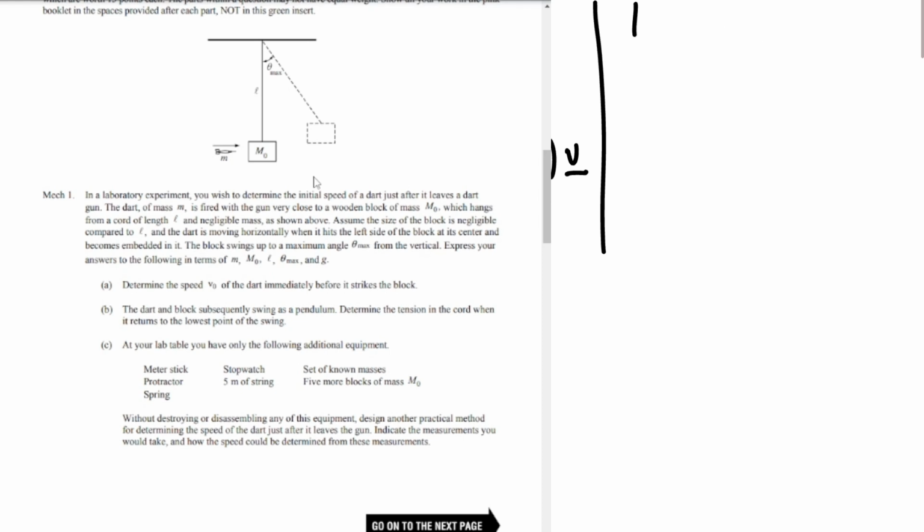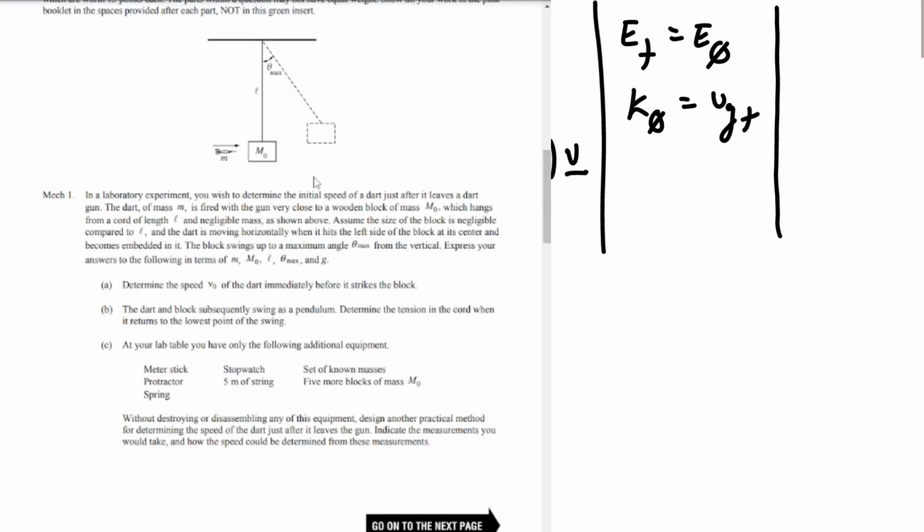So we have to say conservation of energy because there are no external forces. We're going to say E final equals E initial. K initial equals UG final. Now think about how we're going to figure out this UG final, because UG is the total mass times gravity times h.